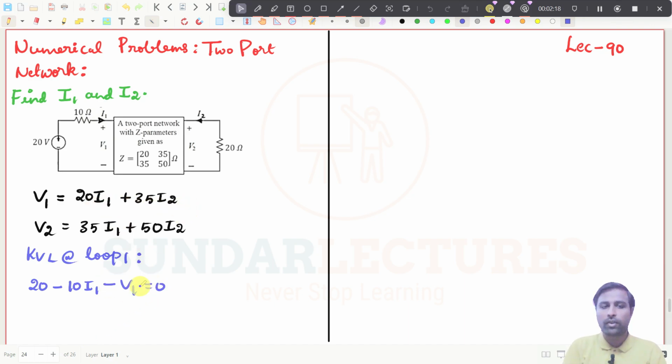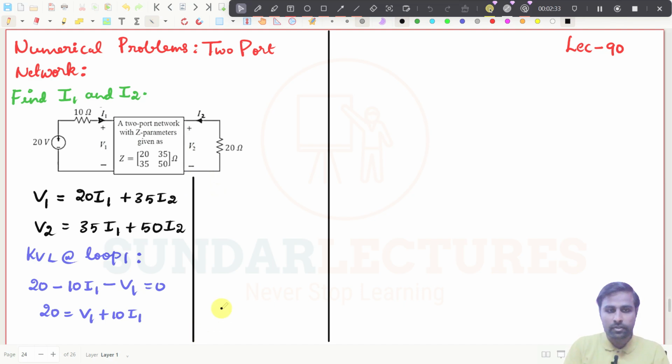And you know V1 now. So anyhow, you just bring everything to the other side. So it will be V1 plus 10 I1 equals 20. This is the equation, and in this equation, you just substitute the value of V1.